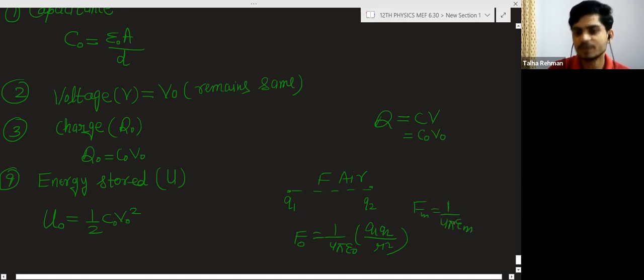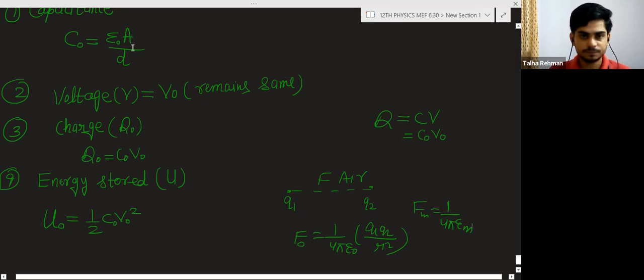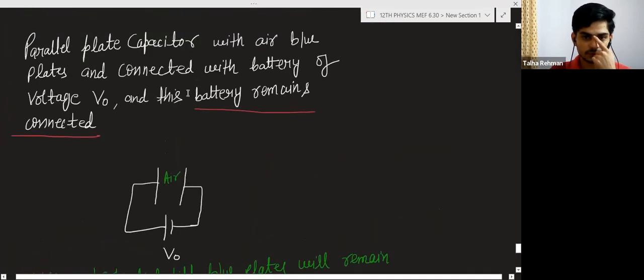For a medium, in between the plates of the capacitor, there can be air, water, vacuum, oil, any medium. So this is the case.